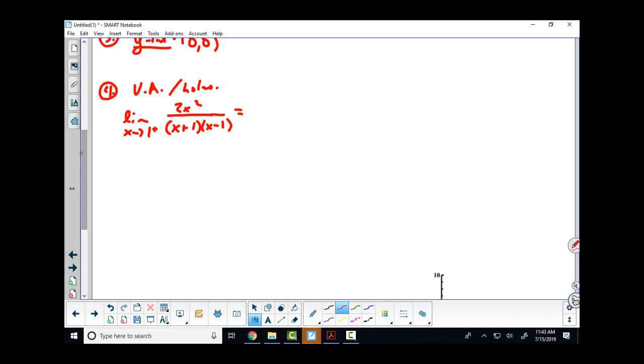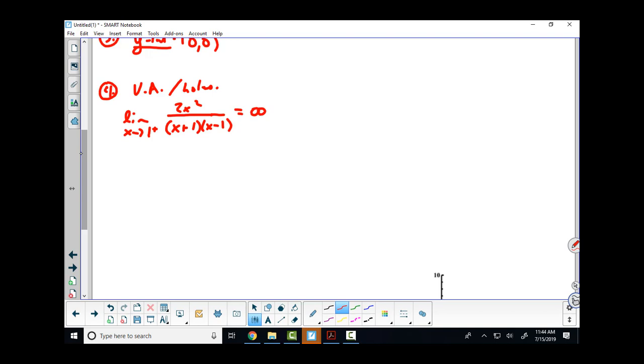The numerator is approaching what? 2. This factor is approaching a small positive number, and this is approaching a very, very small number, but careful, we're approaching 1 from the right, so we're plugging in numbers like 1.001. So this is approaching positive infinity. Everyone okay with that? Luckily, we just got to review that on our midterm. We did problems like this on our midterm.